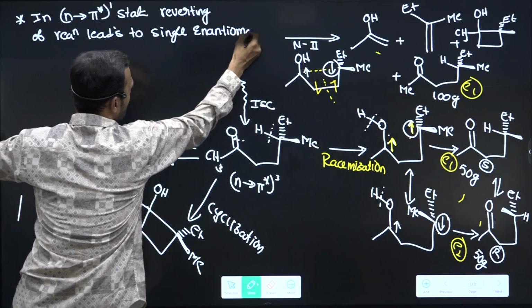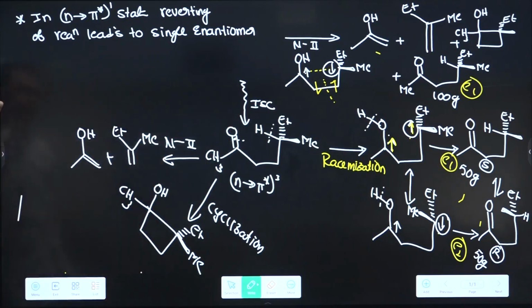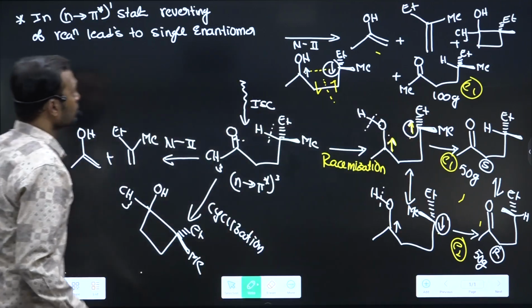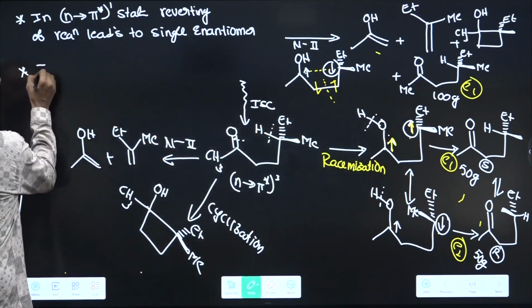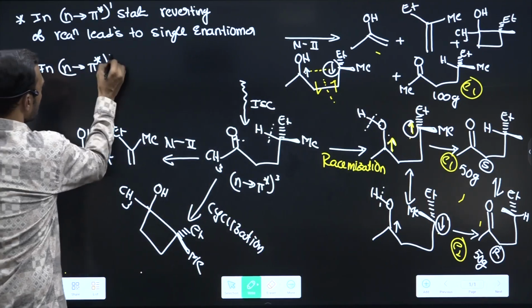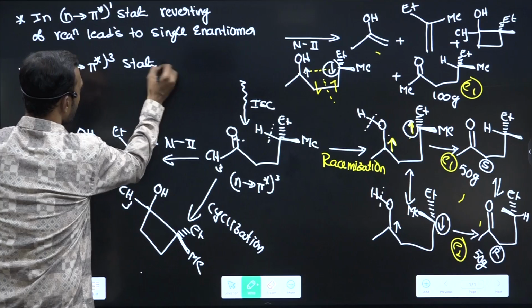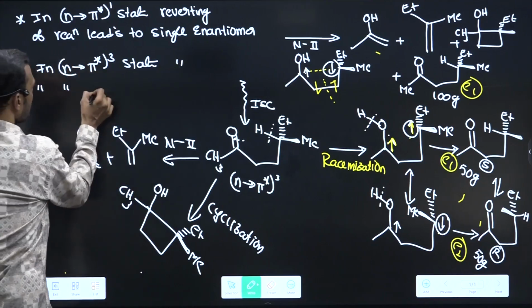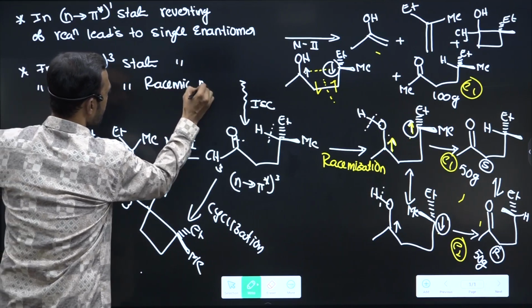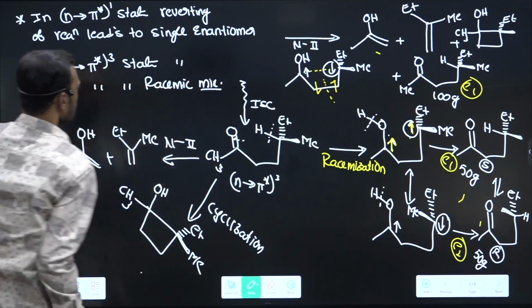So here reversion means when the reaction is going backside, you will get only a single enantiomer. Okay. What about in case of n to pi star triplet? In n to pi star triplet state, reverting of the reaction leads to a racemic mixture. This is called racemization.